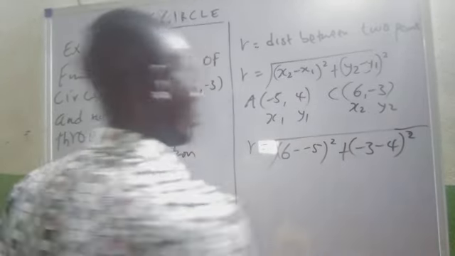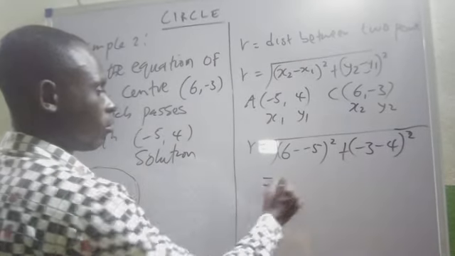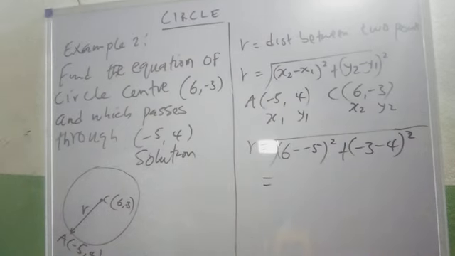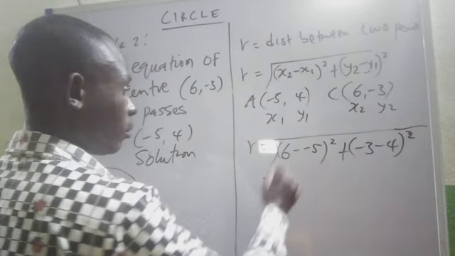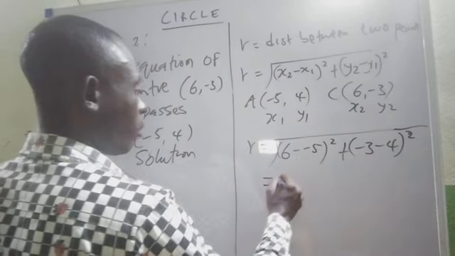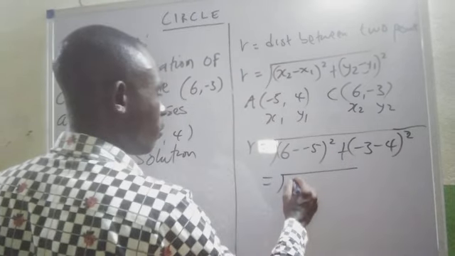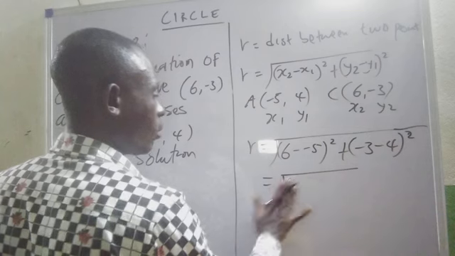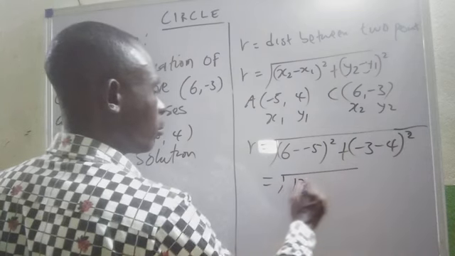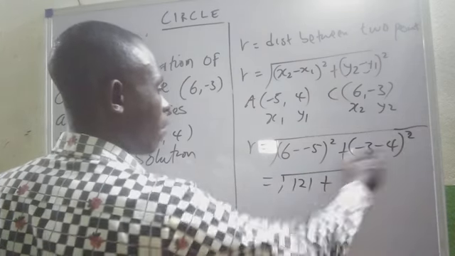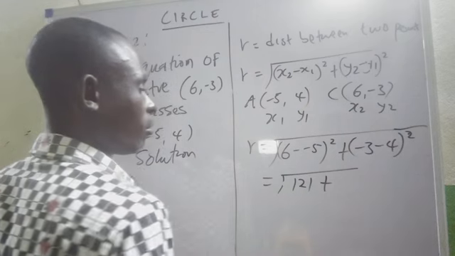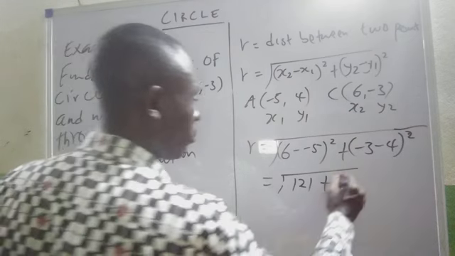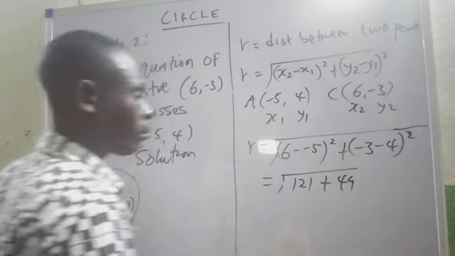If you solve this, minus is plus, so we have 11 squared, which gives us 121, plus minus 7 squared, which is 49.